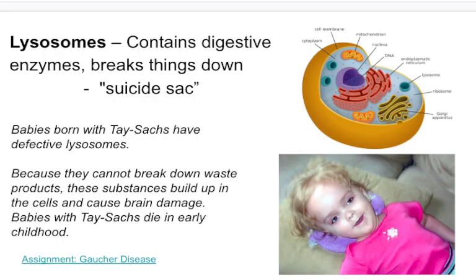Lysosomes are digestive vesicles. So they look very similar to a vesicle that was made in the Golgi apparatus, but these lysosomes have different functions than to carry and transport proteins. Rather, they have digestive enzymes that are going to break things down, and they are also known as the suicide sac.